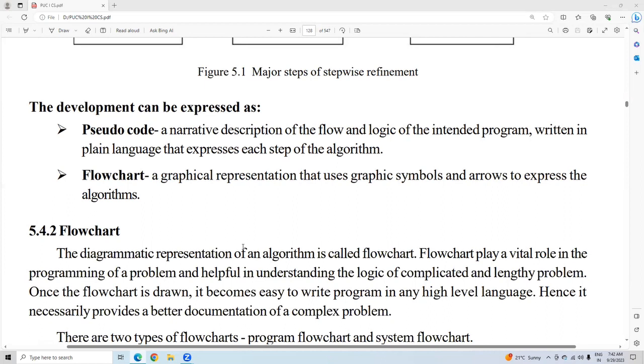Those steps become the steps of the algorithm. Then what is flowchart? Flowchart is the graphical representation of an algorithm which demonstrates the process of solving the problem. That is flowchart.